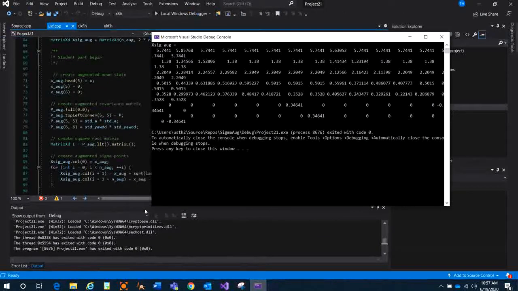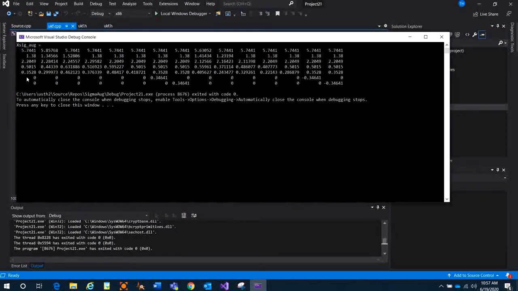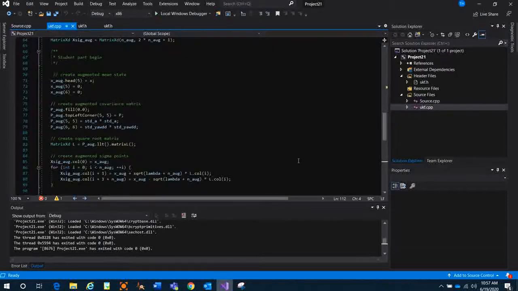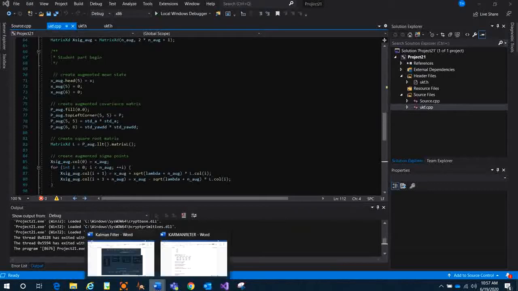Okay, then we create our augmented sigma points right here. They have 7 rows and 15 columns. Each column is a sigma point, but right now we have to add the noise, to represent the noise in the augmented sigma point matrix.